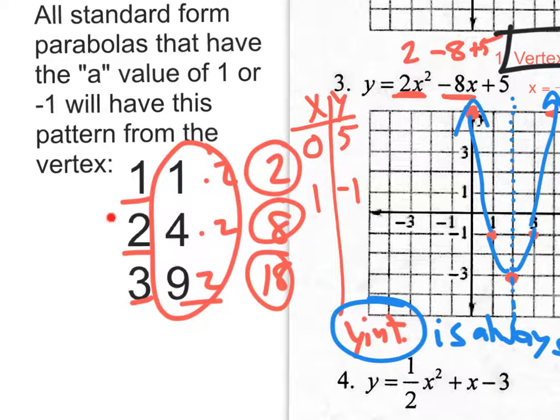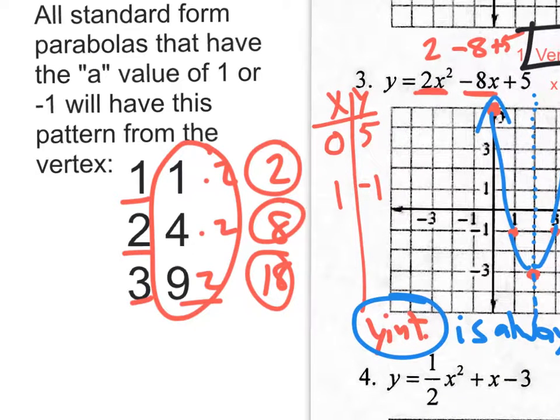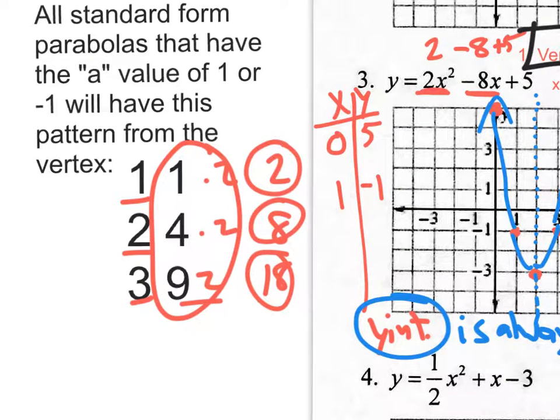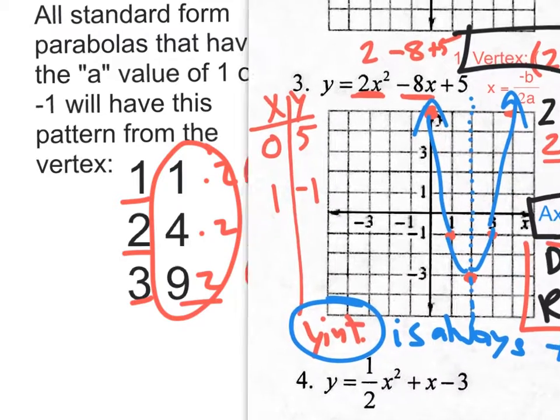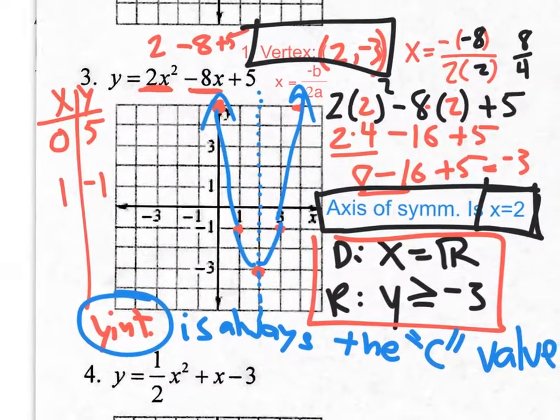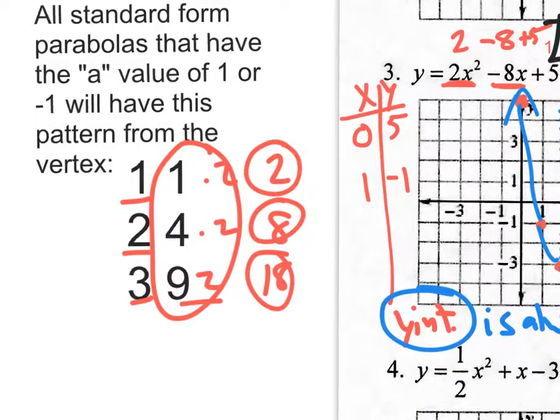So it's not that you can't use the pattern anymore when your a value is not 1. You could use a pattern, but you just have to modify it. Now, like I said, I kind of prefer the XY table when I don't have an a value of 1. But you could still use a pattern, but all you got to do is modify it.